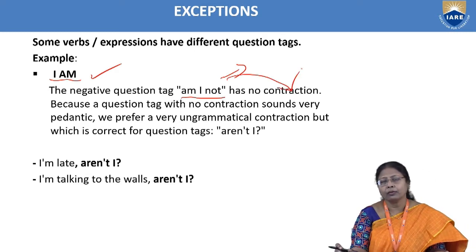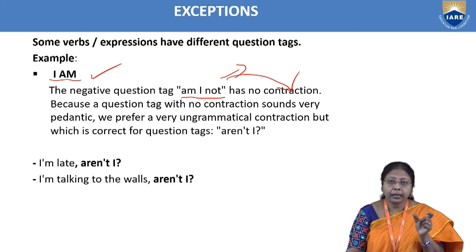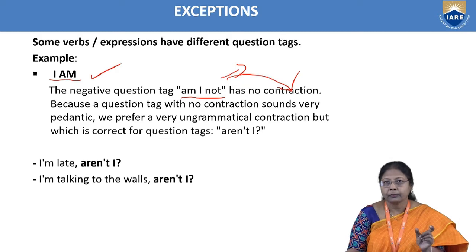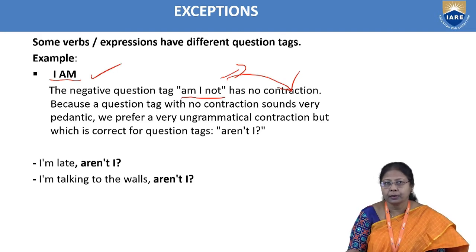Question tags must always be in a contracted form, and am I not cannot be contracted. I am not we also can't use. Amn't, we don't have that expression at all.